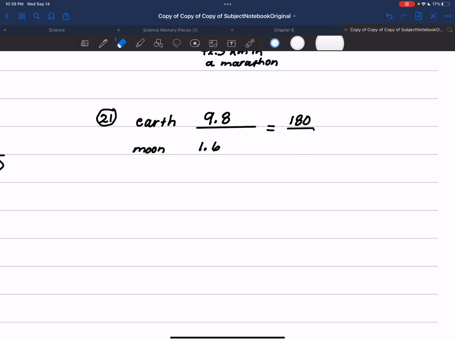And now what do we have? Our good friend, the peanut. This time the peanut goes this way. So 180 times 1.6 is 288.